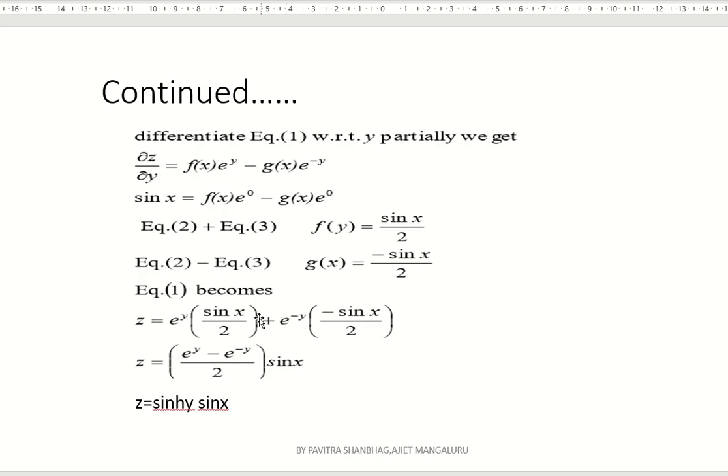Sin x is common. We can write e power y minus e power minus y, divided by 2, into sin x. But e power y minus e power minus y divided by 2 is sinh y. So sinh y into sin x.